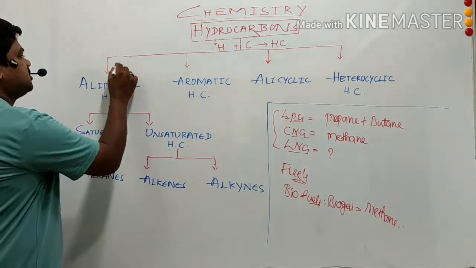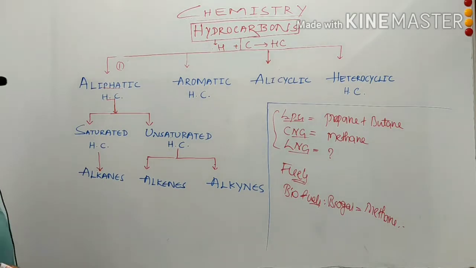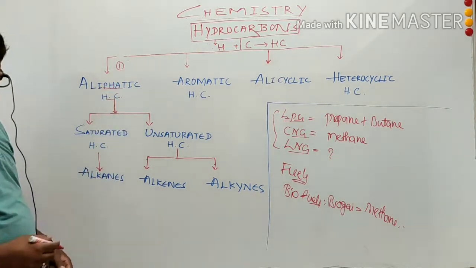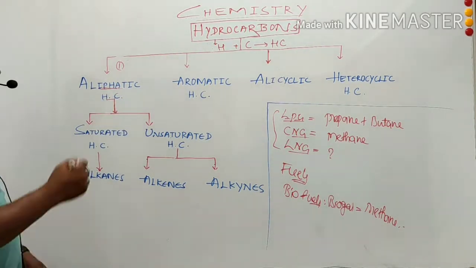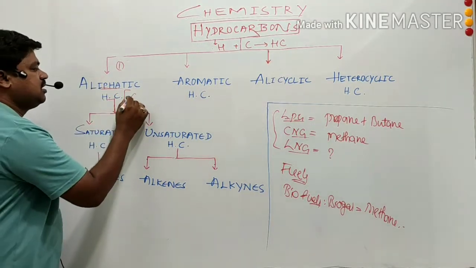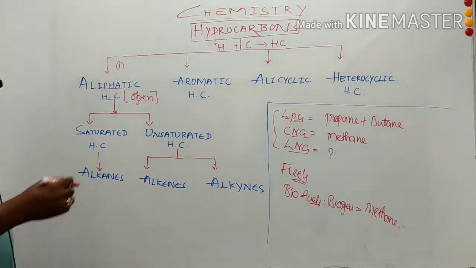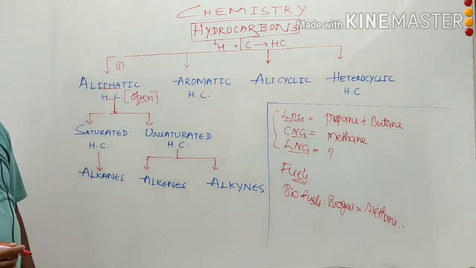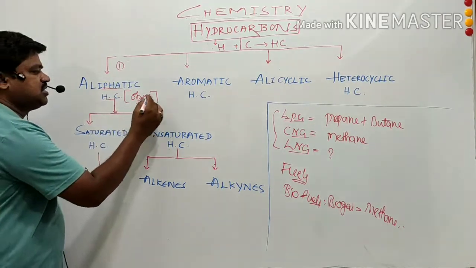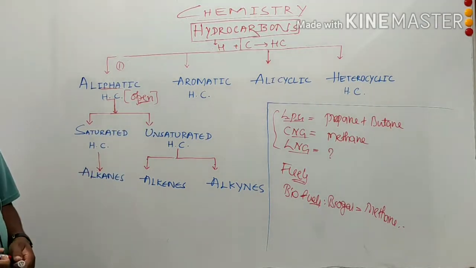Let us take the first one, aliphatic hydrocarbons. Aliphatic hydrocarbons are hydrocarbons containing open chain structures. The carbon atoms bond with both single and double bonds but have open chain structures.